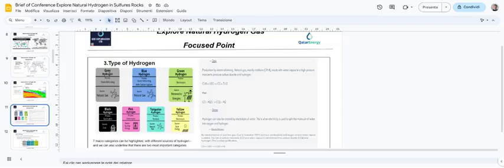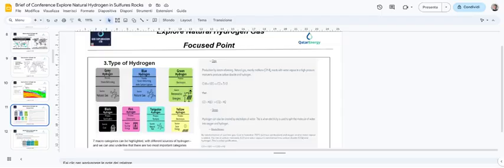The mix of carbon, methane, and water vapor is transformed into carbon dioxide. So in these two types, gray and black hydrogen, there is a high production of carbon dioxide. So it's not so green, it's not so comfortable for the green transition.